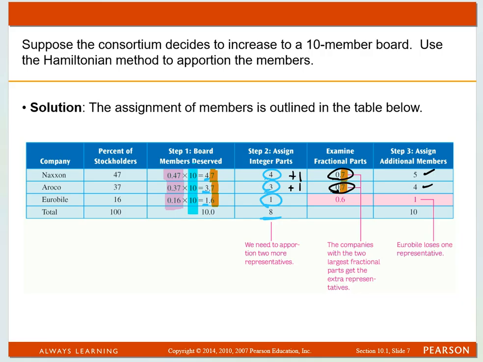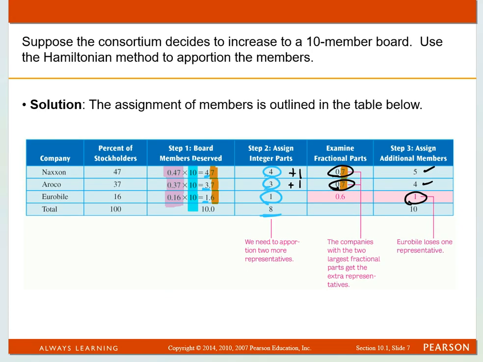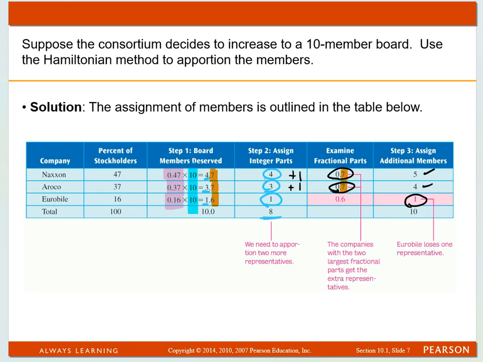But now that it's 10, they're still stuck at their 1 position there. Well, that's not fair. So that's what can happen when you increase the size of the board but the population doesn't change. So that's the Alabama paradox right there.